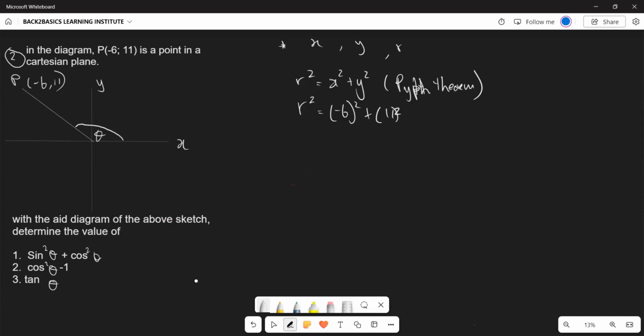Isn't it so? So therefore, you're going to check what your 6 squared is, and your value of 6 squared is 36, right? This is 36 plus the other one, your value of 11 squared. What is the value of 11 squared? You know that is 121, right? So your r squared is going to be 121 plus 36, which is 157 altogether.